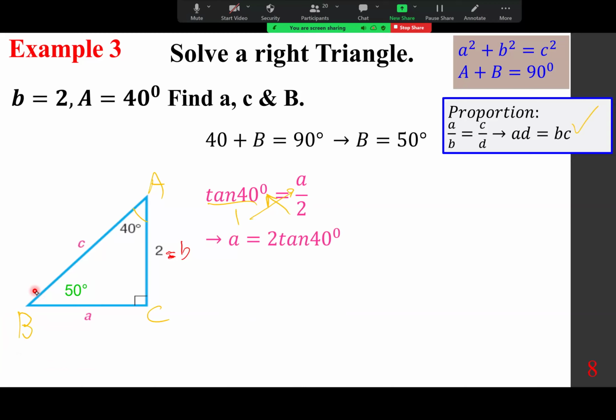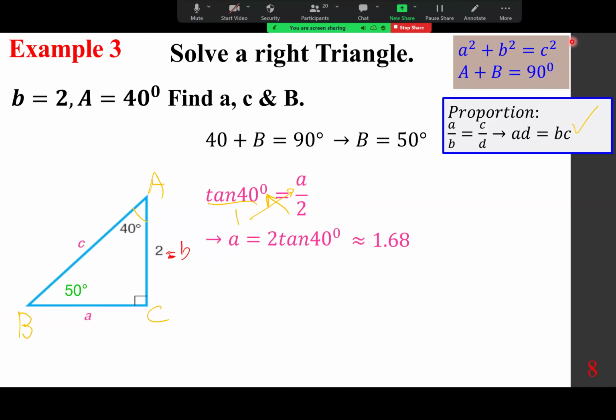Now tan 40, now use a calculator. And by the way, when you use a calculator, you make sure this is in degrees, not in radians, because it's given in degrees, and it ends up being about 1.68. Now, can I use a squared plus b squared equals c squared to find the missing c? Yes, you can do that.